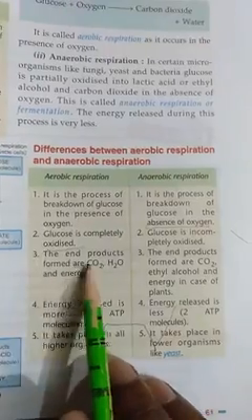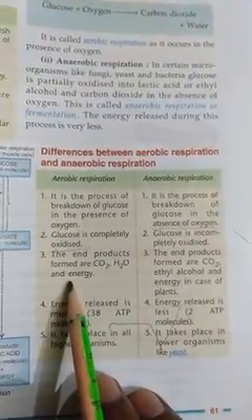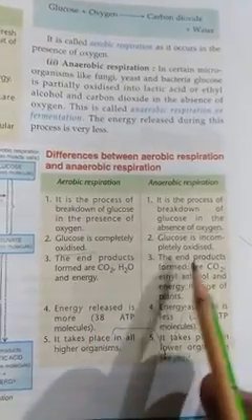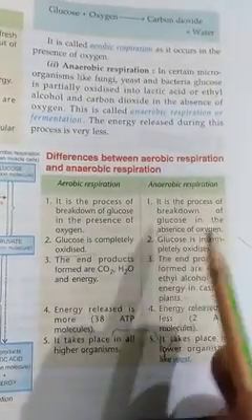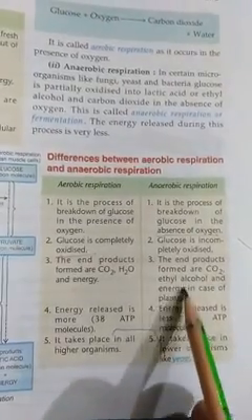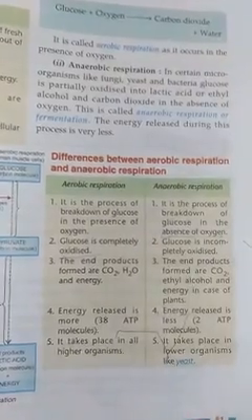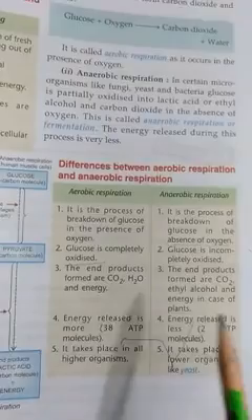Now the end products formed in aerobic respiration are carbon dioxide, water and energy. Here the end products of anaerobic respiration are carbon dioxide, ethyl alcohol and energy in the case of plants.